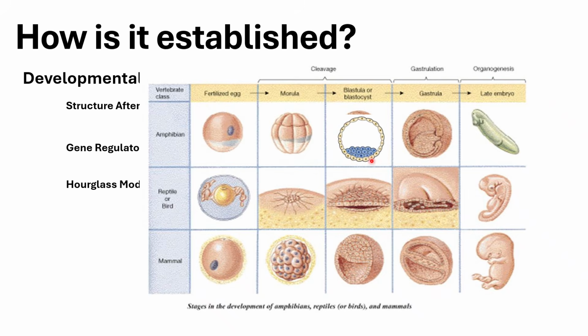And of course, there is the formation of a coelom or an opening, the blastocele. Okay? And then, eventually, this blastula or blastocyst will form a pocket, which is the gut. So, gut, gastric, gastrula. So, this is your gastrula part.